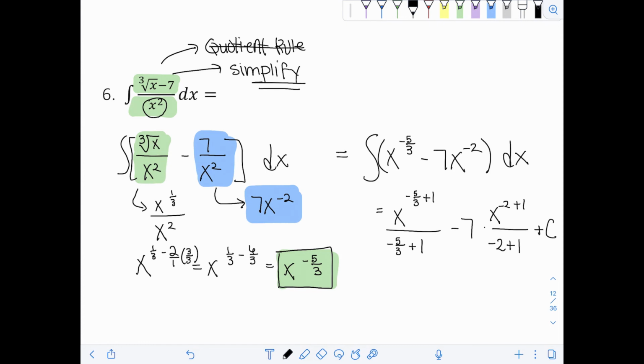So this is our answer. The last step would be to simplify. So let's see, I can get a common denominator. Whenever there are fractions, getting common denominators is what's going to help. So this is going to be x to the negative 2/3 over negative 2/3 minus 7 times x to the negative 1 over negative 1.